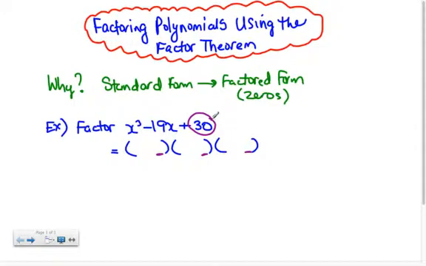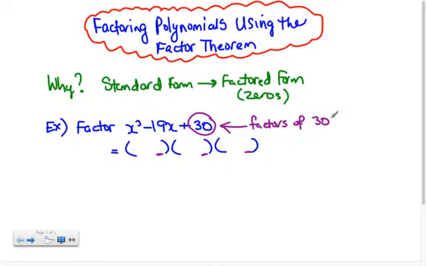So in other words, I know that the values I'm going to use in the factor theorem have to be factors of, in this case, 30.